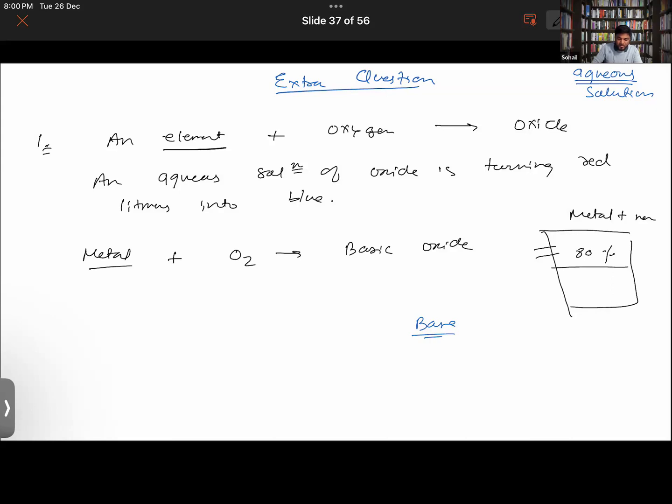We came to know this when we added some water into it. In the basic oxide we added water, right? Then I used the litmus paper. So I saw that this is turning red litmus paper into blue. So bases turn red litmus paper to blue.